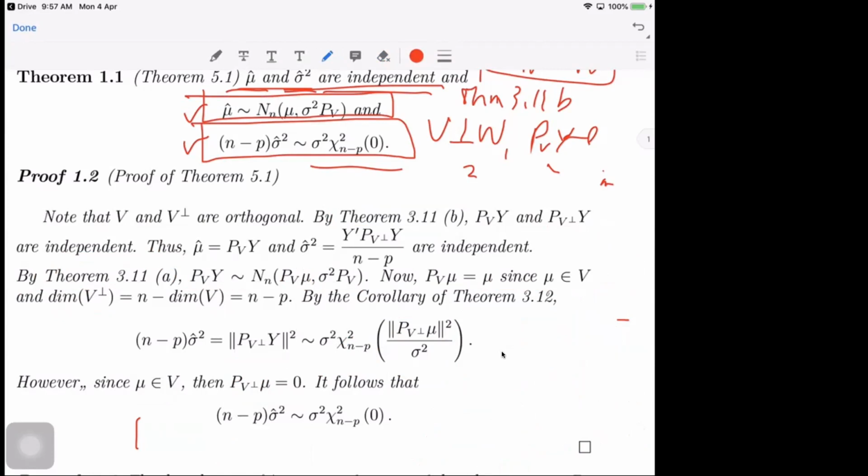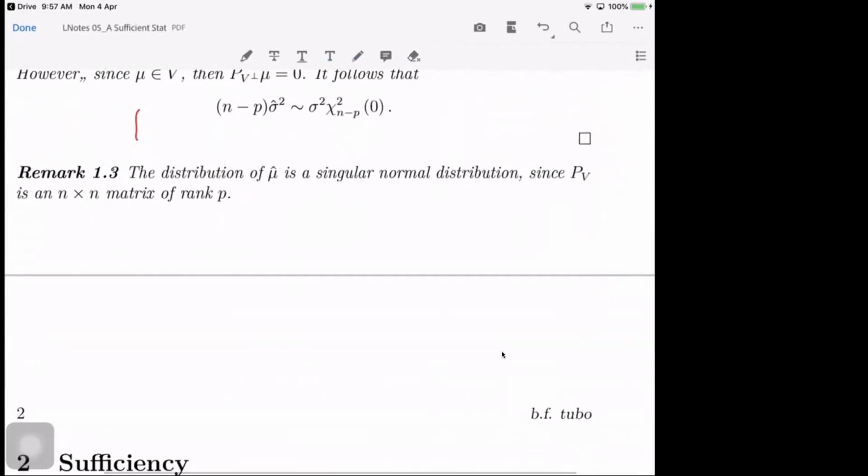So one is normally distributed and the other one is central chi-square. So the distribution of mu hat is a singular normal distribution since the projection on V is an n by n matrix of rank P. Singular.